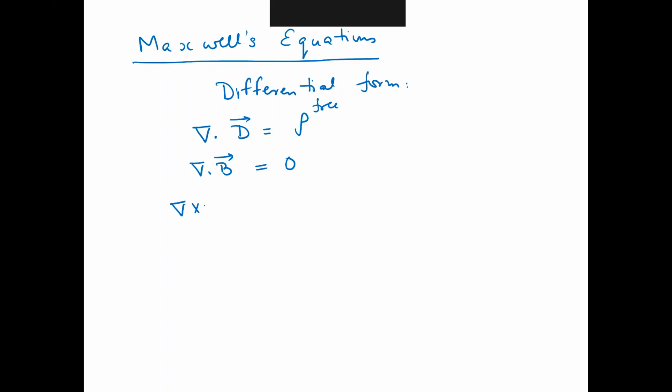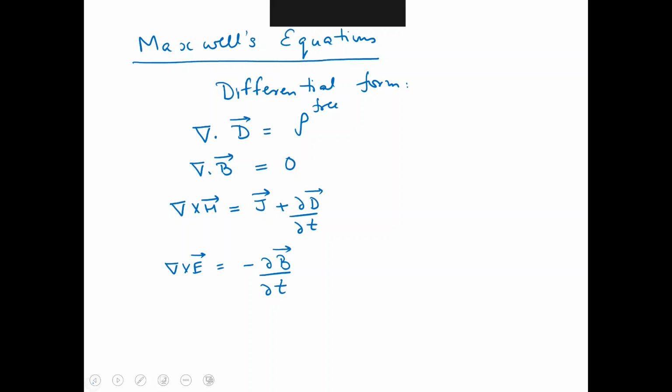Del cross H is equal to J plus del D by del T. And del cross E is minus del B by del T. Out of these, everything except for this is an experimental law.